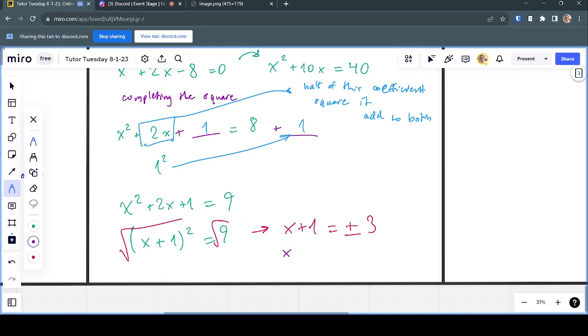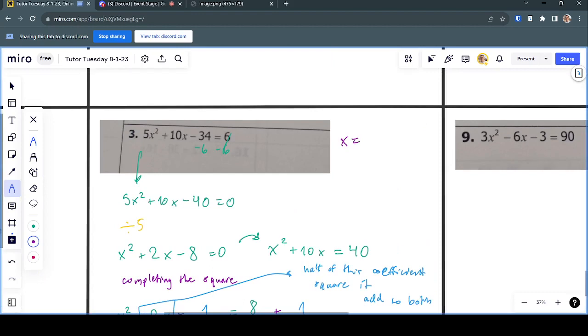You get x plus 1 equals 3, which means that x is equal to 2. Or you get x plus 1 is equal to negative 3, meaning x is equal to negative 4. So these would be your two solutions. x is equal to 2, x equals negative 4.